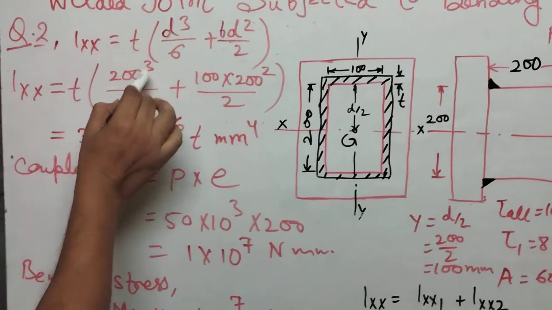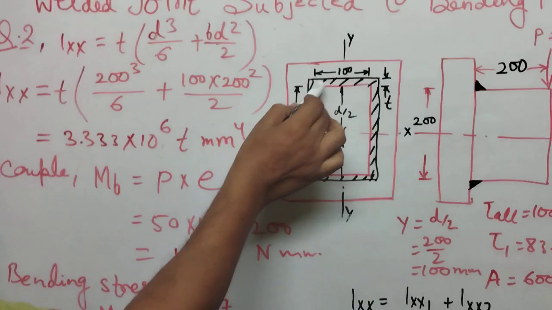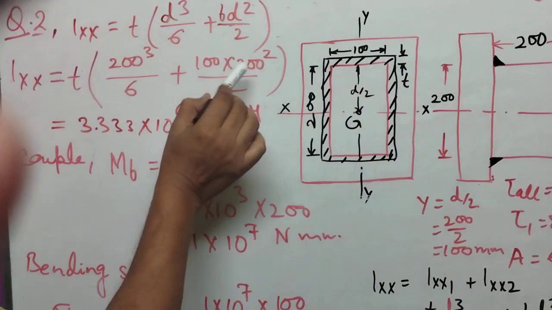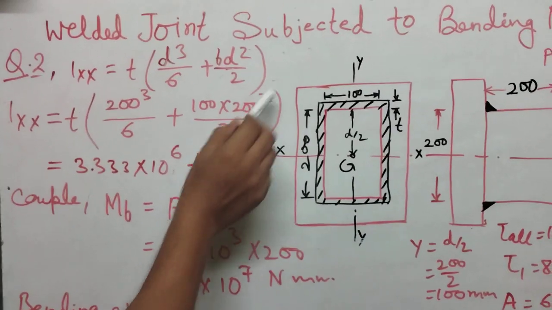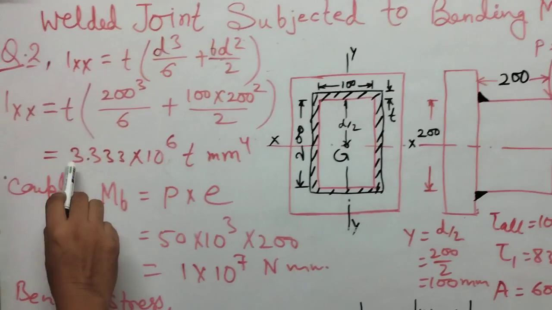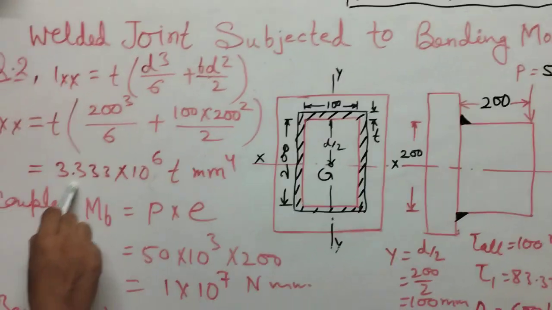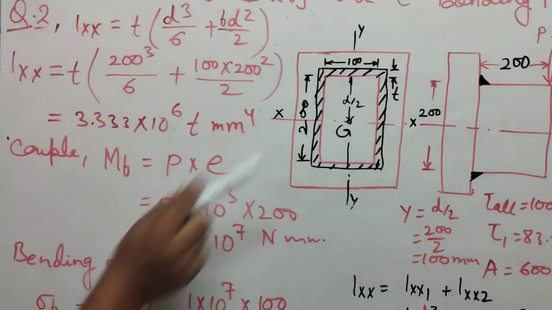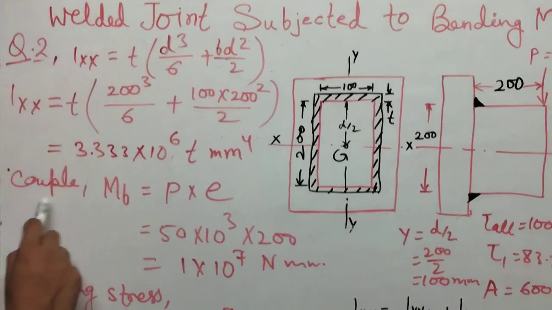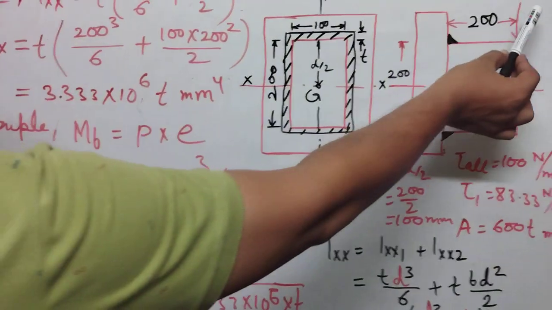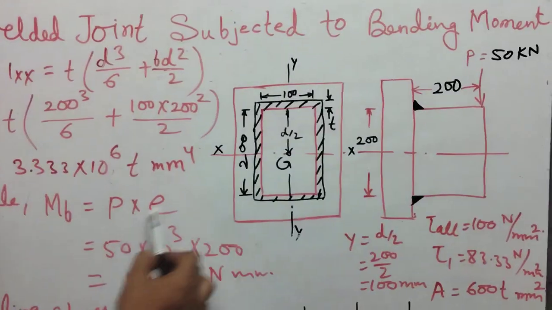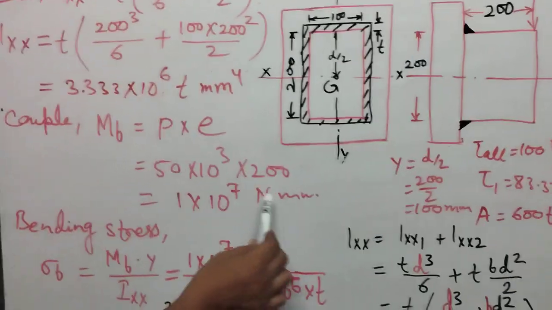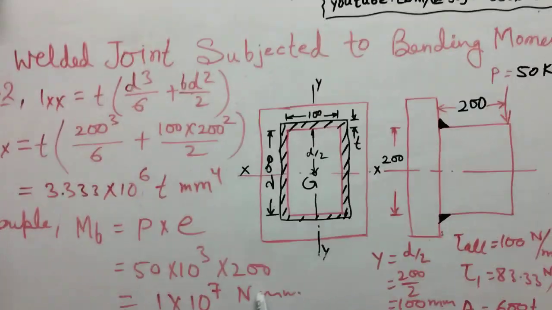Putting in the depth D 200 millimeter and width B 100 millimeter, we get 3.333 into 10 to the power 6 into T millimeter to the power 4. Applying the couple, M b equals 50 kilonewton into 200, which is 1 into 10 to the power 7 Newton millimeter.